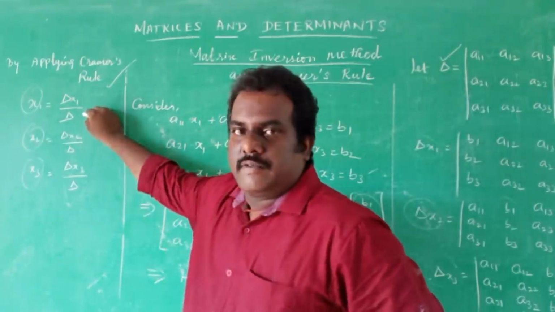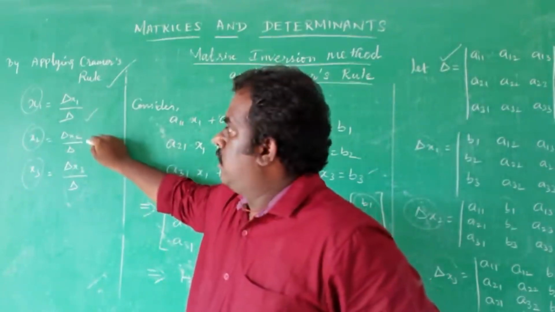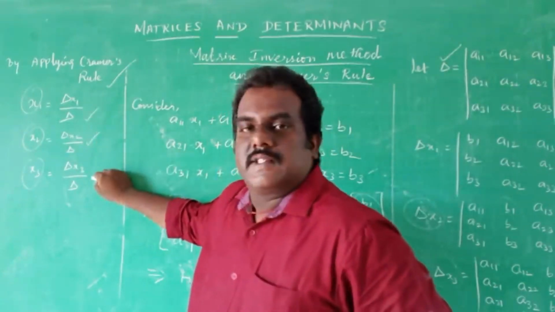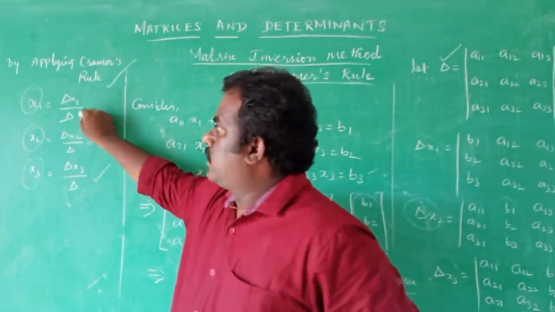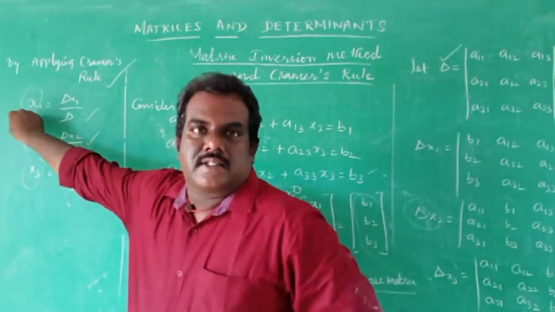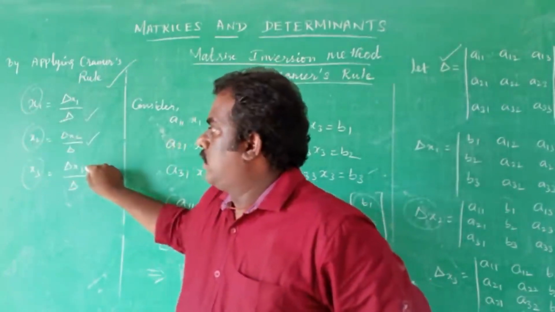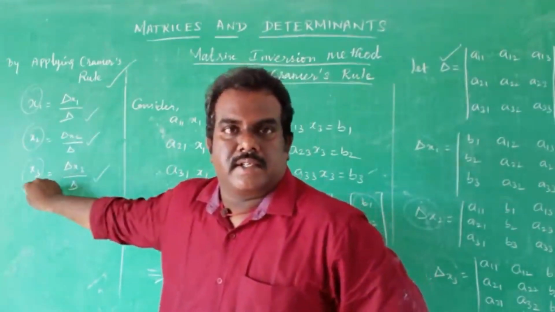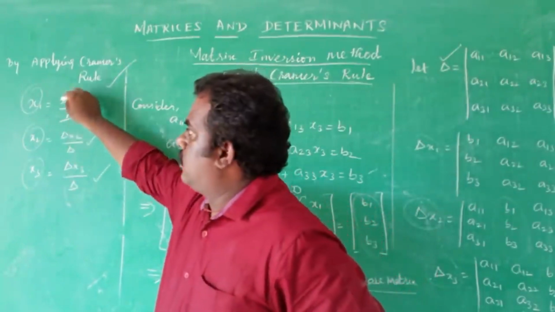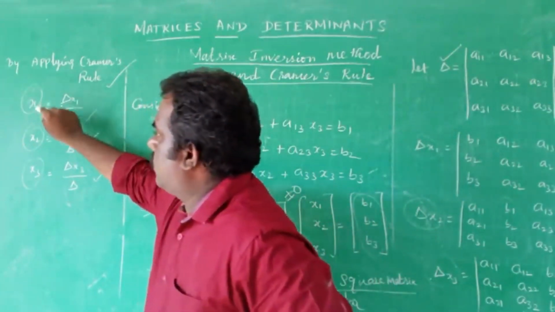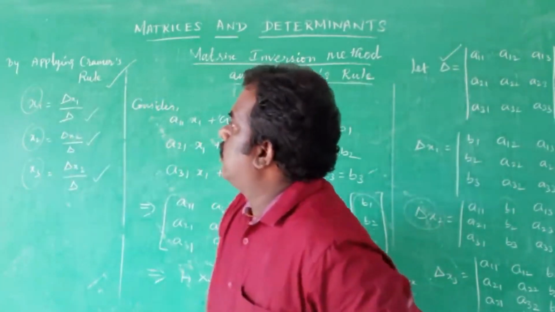Follow the procedure: del suffix x1 by del can be taken as x1, del suffix x2 by del can be taken as x2, del suffix x3 by del can be taken as x3. So from this we can find the value of x1, x2, x3.